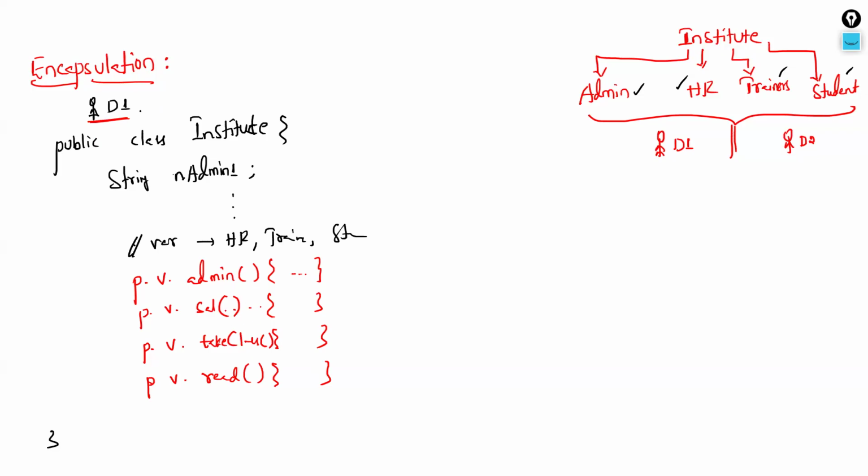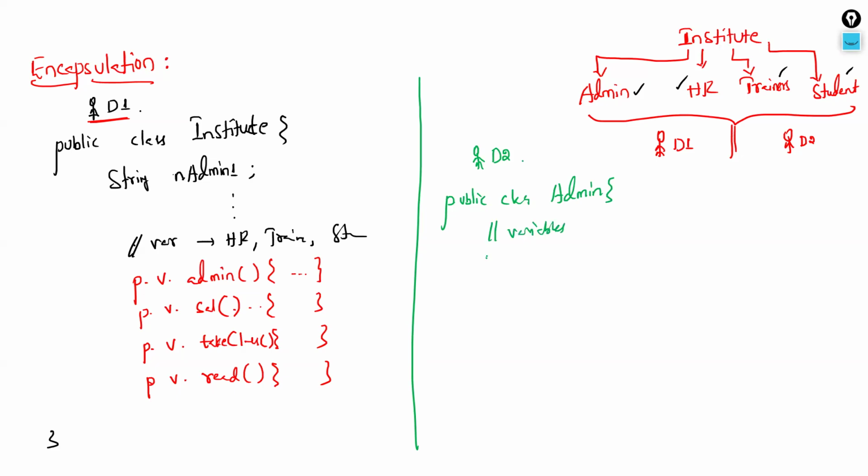Assume that it is given to the institute. Then there is a second developer. Developer 2 is writing the code like this. One class, public class named Admin, and inside this all the variables and methods related only to admin.